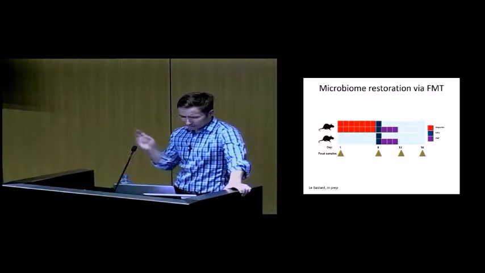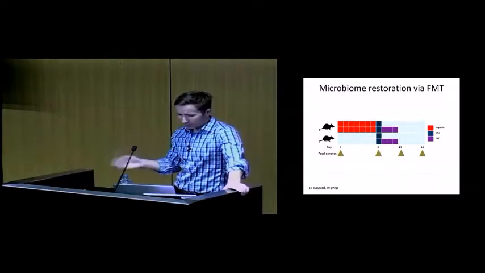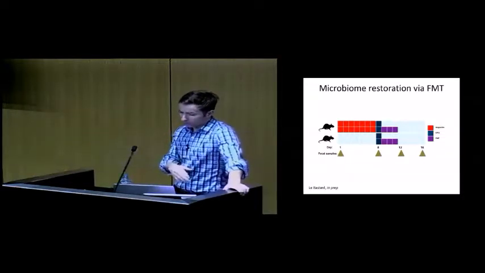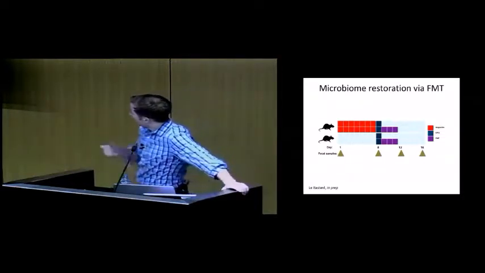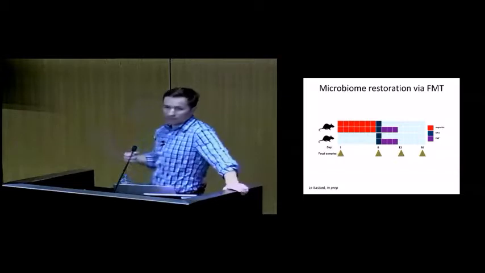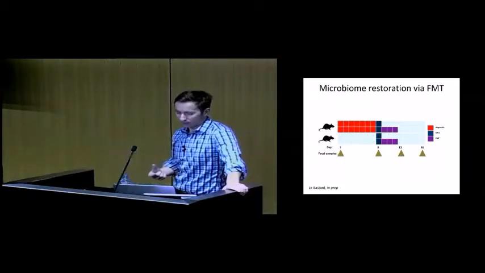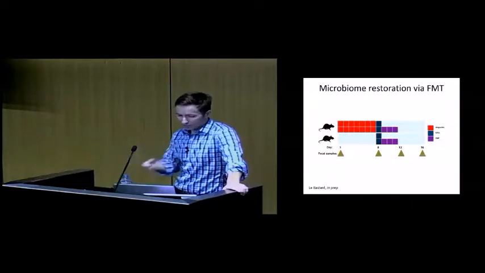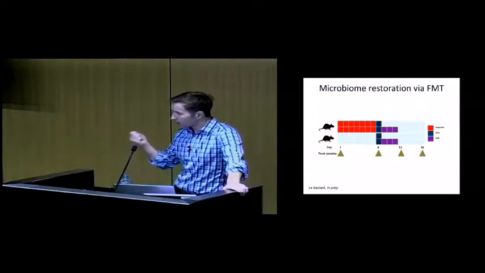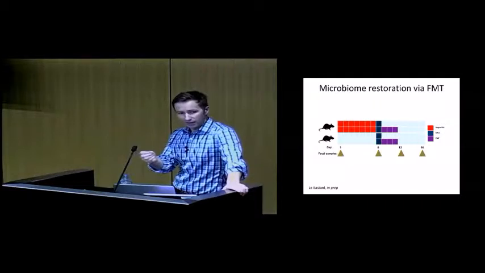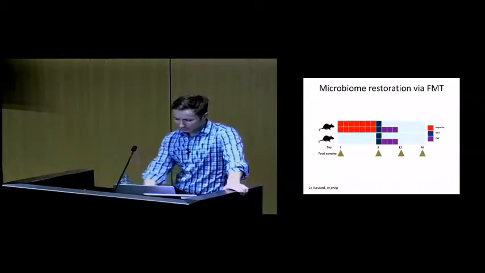So we have either 5-FU or 5-FU plus ampicillin. And then in half of those mice, we gave them an FMT from a healthy donor mouse right after they got the chemo. And actually gave them 3 FMTs. So this is an oral gavage of mouse stool that's been homogenized and put in a buffer.